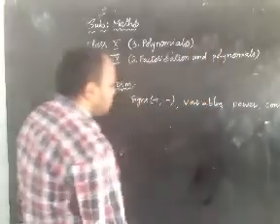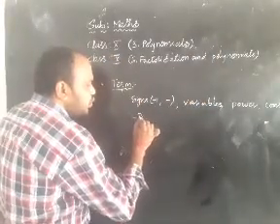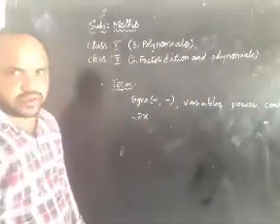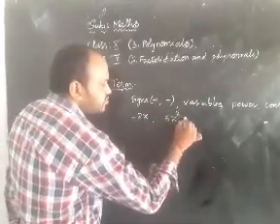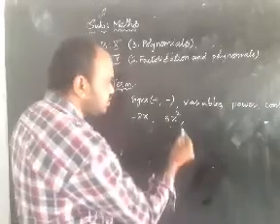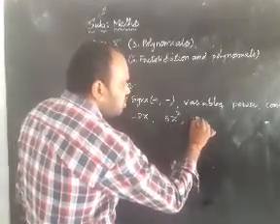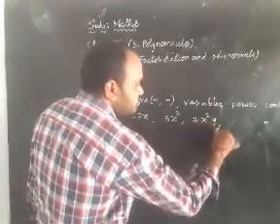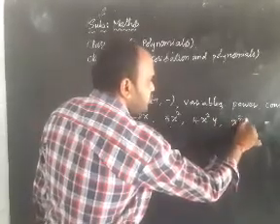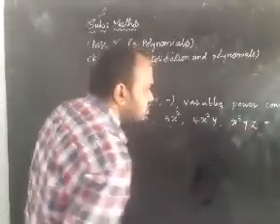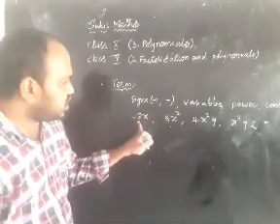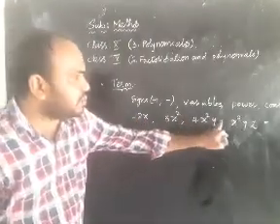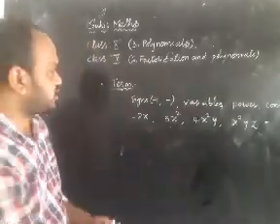See here, minus 2x is a term. 3x square is also a term. 4x square y, x cube y, z. So the combination of the signs, constant, variable and the power gives the term.